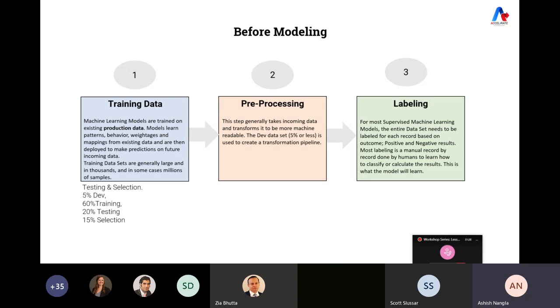ready for machine learning. And the last part is making sure that before you train the models, you are able to label it correctly, which is essentially combining input data with the expected or actual output, right?